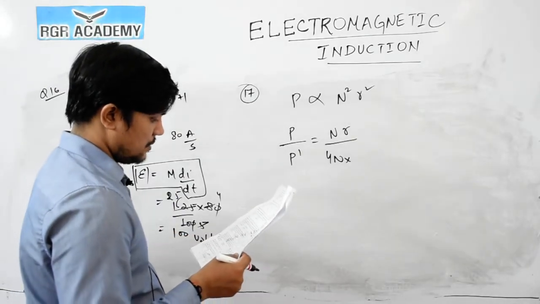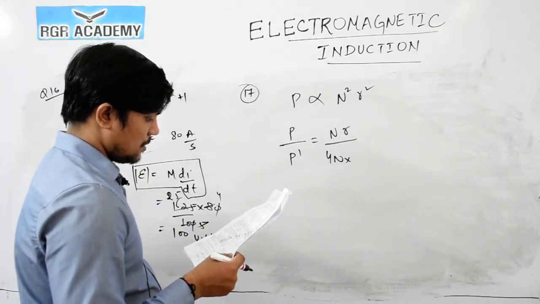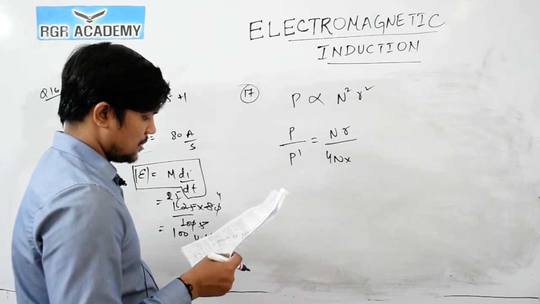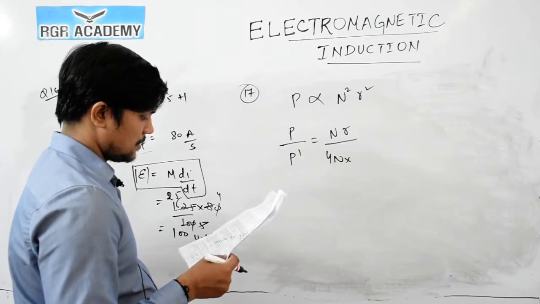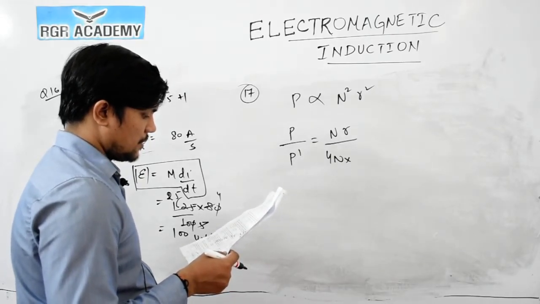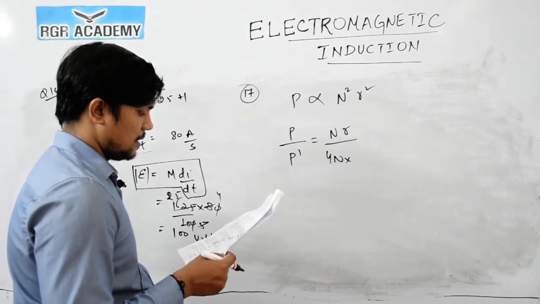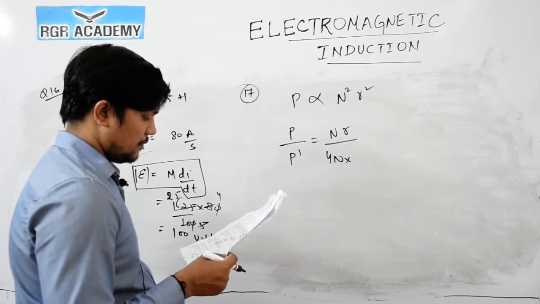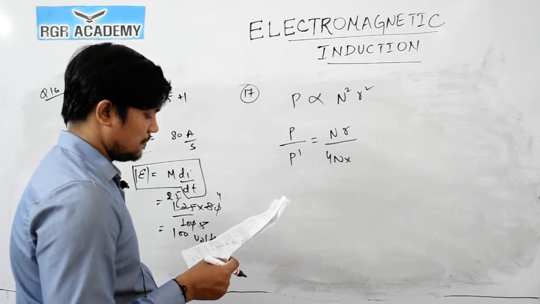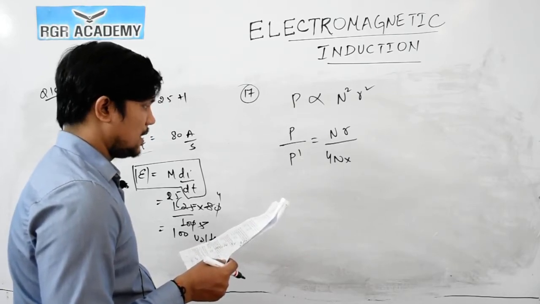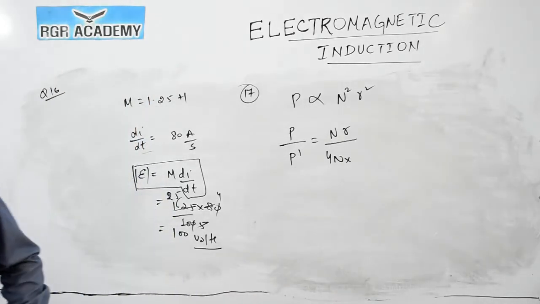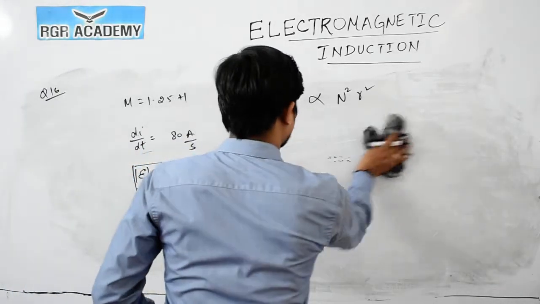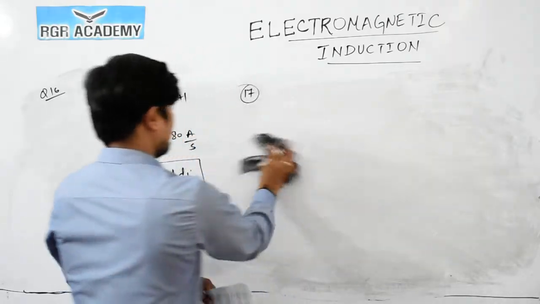If the number of turns were to be quadrupled and the radius of the wire is halved, what can we say the electrical power dissipated would be? They are asking for power dissipated.